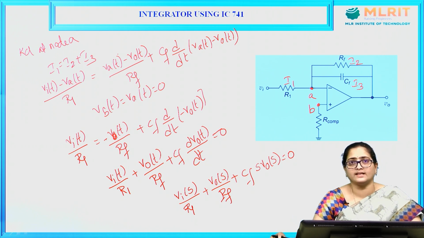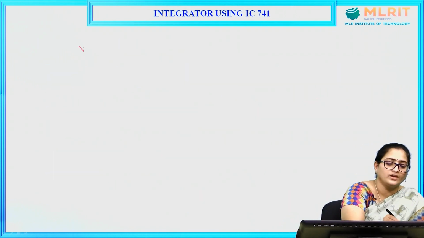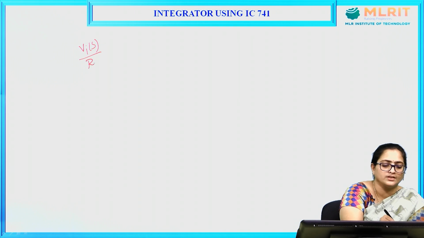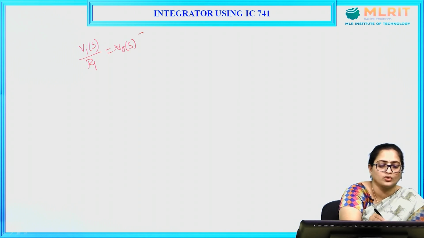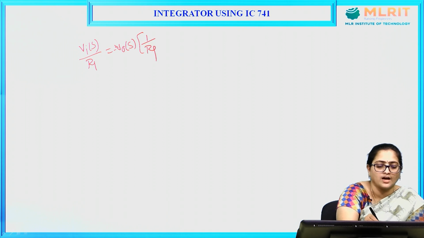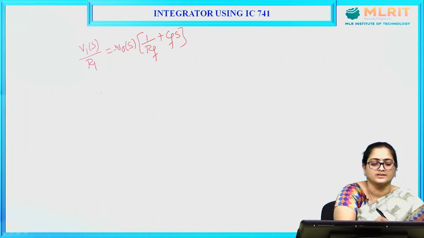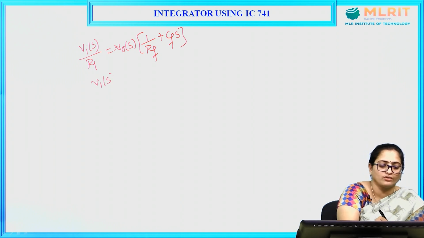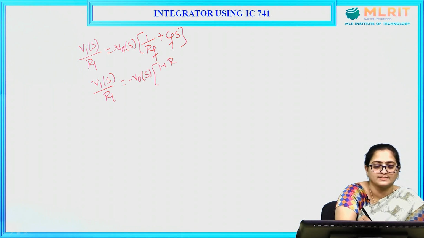So I am rewriting this expression as Vi(s)/R1 = -Vo(s)(1/RF + CF·s), so you can write this as Vi(s)/R1 = -Vo(s)(1 + RF·CF·s)/RF.